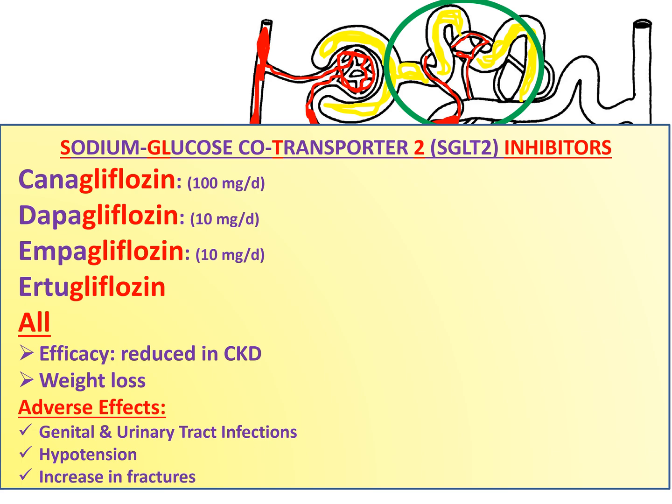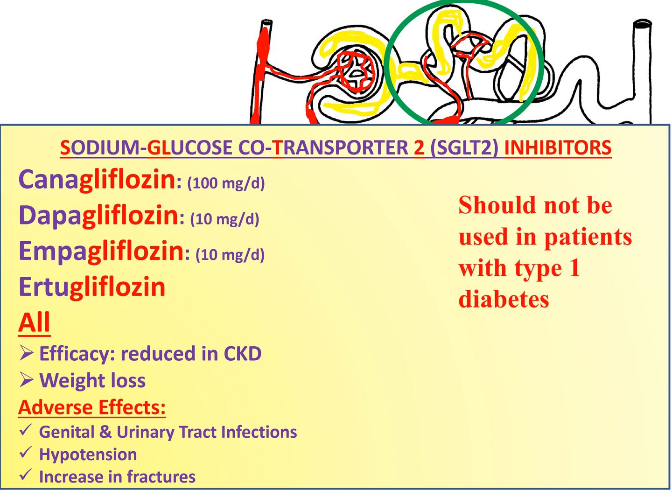And also these medications have been seen to increase the incidence of fractures. Now, these sodium glucose co-transporter 2 inhibitors should not be used in patients with type 1 diabetes, specifically in diabetic ketoacidosis.